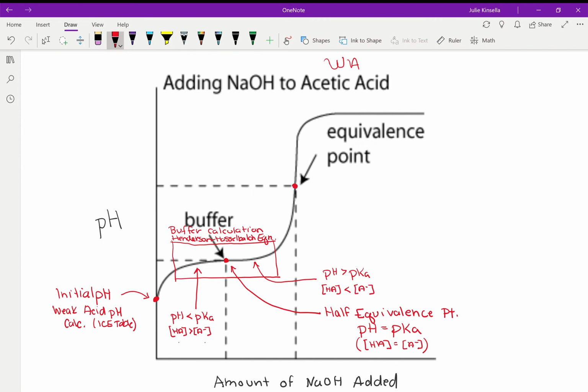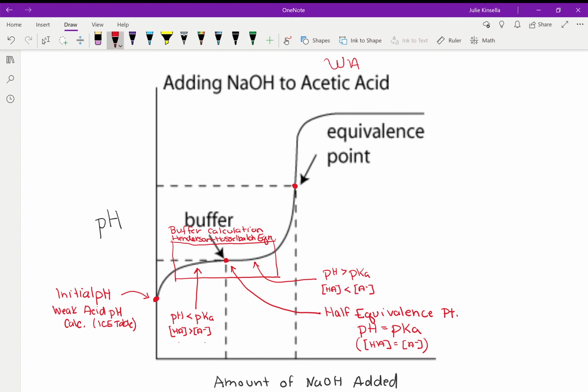Okay, so anywhere after that half equivalence point, as I continue to add in more sodium hydroxide, I'm using up more of the weak acid, producing more of the conjugate, and now the conjugate is in the greater concentration than the weak acid. So that can be helpful with questions that have to do with explaining or looking at the relationship between the weak acid and its conjugate base, or looking at a diagram somewhere along that curve.